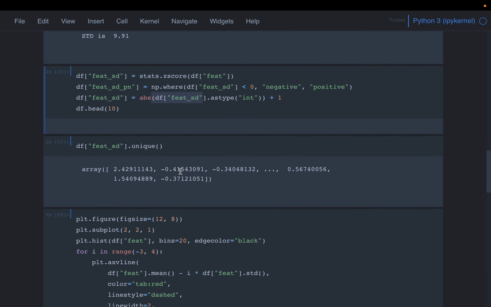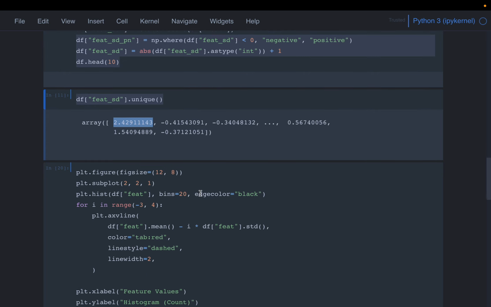This value is computed before running this code. As you can see, it takes both negative and positive values, and it gives this distance, how many standard deviations away the value is.